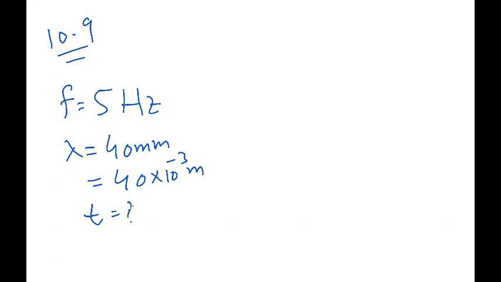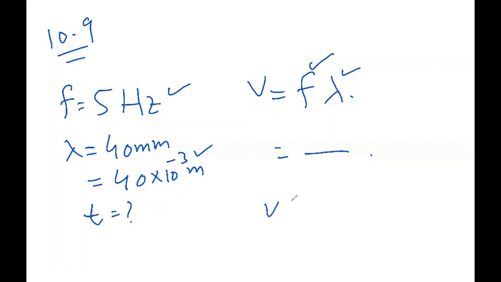So first we will write v is equal to f lambda. We will calculate velocity by putting the value of frequency and wavelength. Wavelength is this one, frequency is this one. So put the values, you will calculate velocity. And then s is equal to vt, so t is equal to s divided by v.